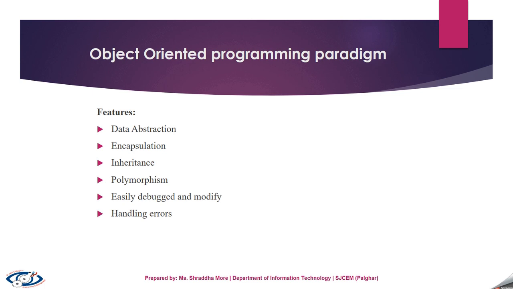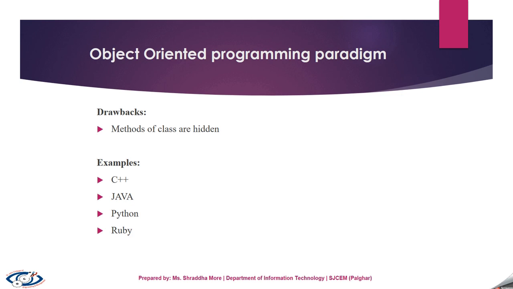Now, let's see the features of this paradigm. Data abstraction, encapsulation, inheritance and polymorphism, these are all OOP concepts which come under this type of paradigm. Also, it has other features like easy debugging and modification and error handling, meaning we can easily debug our code and modify it if any errors occur during compilation.